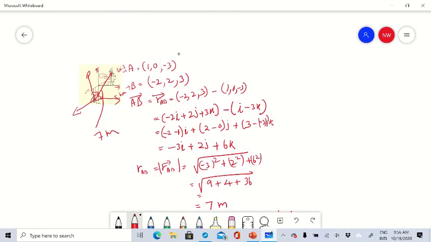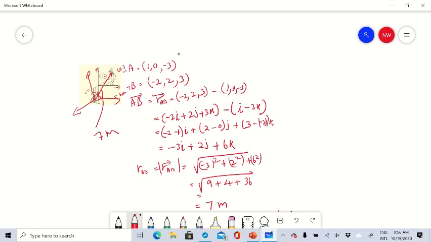So we want to find the relative position of B relative to the A, right? So which tells us how you should move from A to B, right? So in here you can see that in order to move from A to B along the x-axis you should travel -3 distance, right?